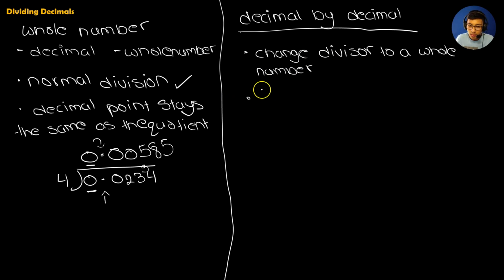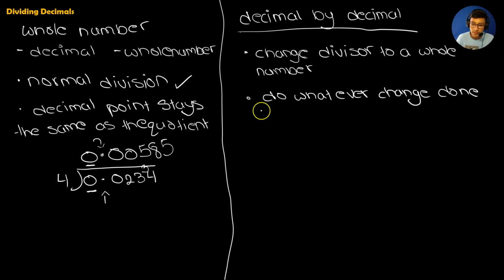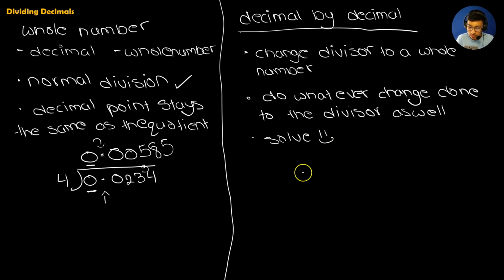And whatever change we did to the divisor, we have to do to the dividend as well, and then we can simply solve. So let's try it with an example.